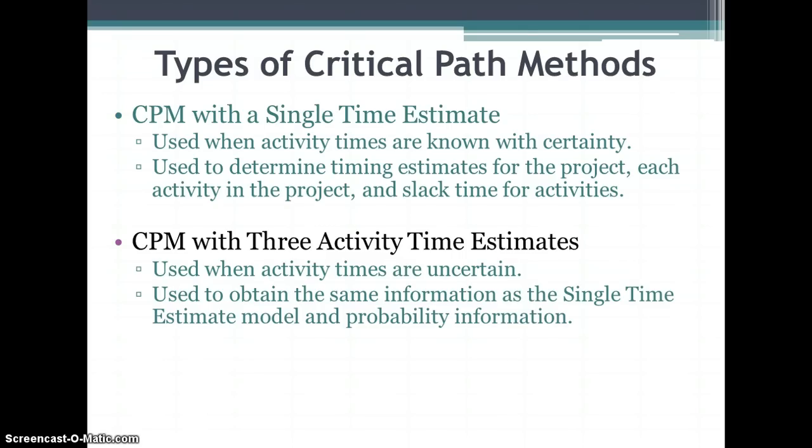CPM with 3 activity estimates is used when you do have a probability for each of the activity times, and you create a single time based upon that probability information. So for example, when I was a project manager, I'd ask each person with responsibility for an activity to let me know the optimistic or the best case time, the least likely or the worst case time, and the most likely time for each activity.